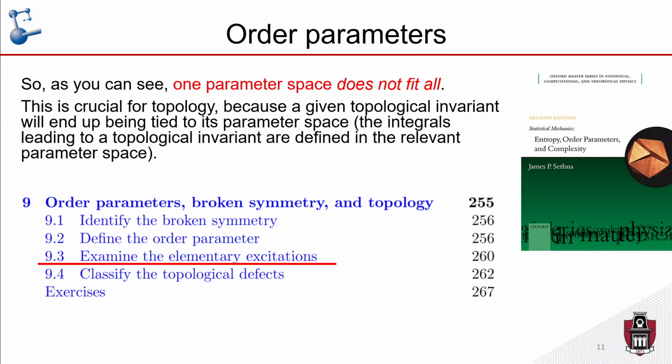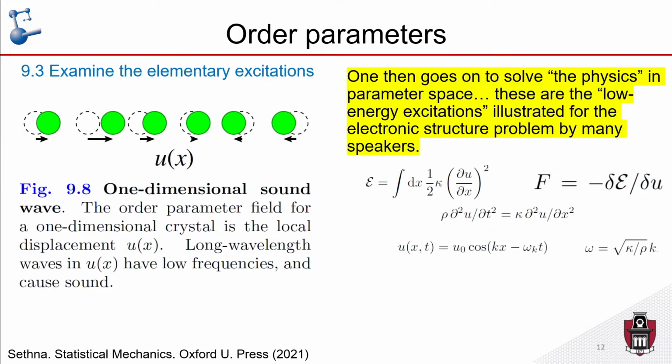Having said that, we continue with Sedna's program, and we examine now the elementary excitations. This is the physics of the quasi-particles on these spaces. So now we go and discuss the physics. He goes for the simplest example, not a 2D lattice, but a 1D lattice, and he's going to talk about sound.